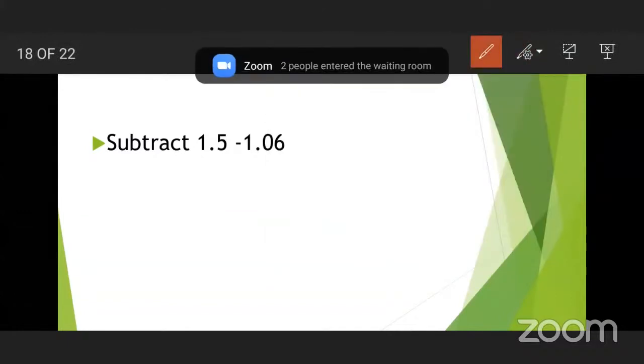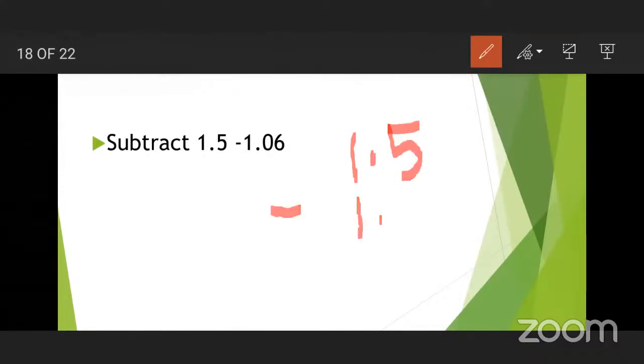We will arrange it vertically. 1.5 minus 1.06. Here is the blank place, so we will put 0 here.